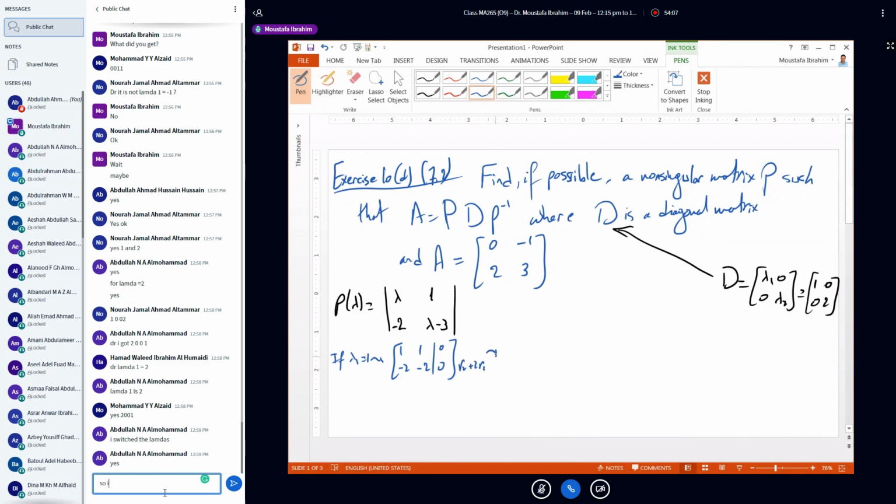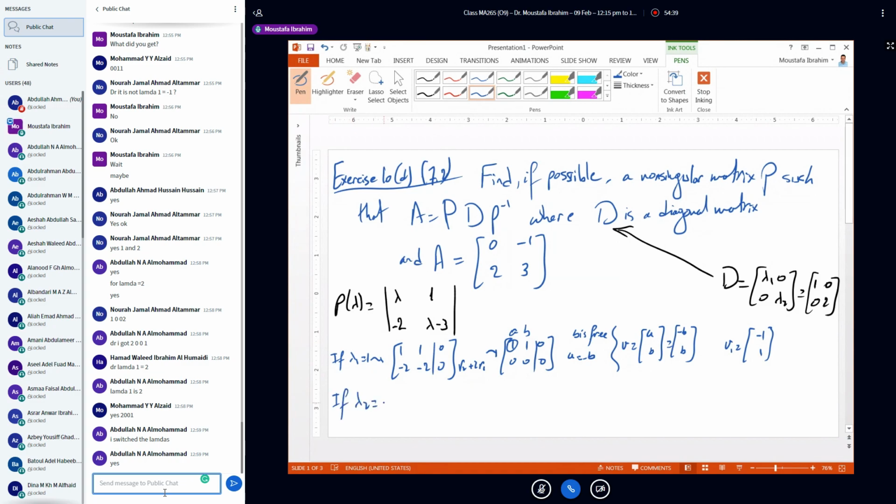R2 plus 2 R1, so we get 1, 1, 0, 0, 0, 0. A, B, B is free. A equals minus B, so V, which is (A, B), is equal to (-B, B). So we take V1 equal to (-1, 1). So how come, guys? It's different than what you said.